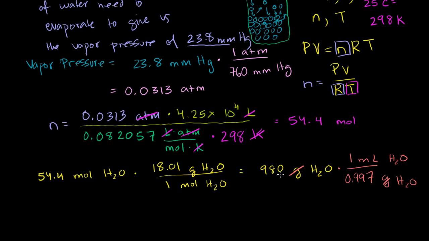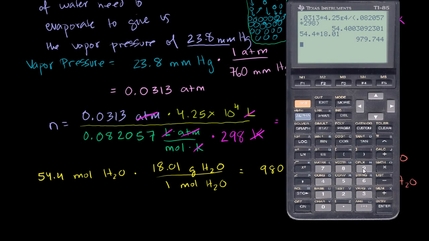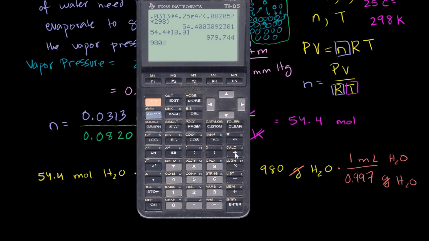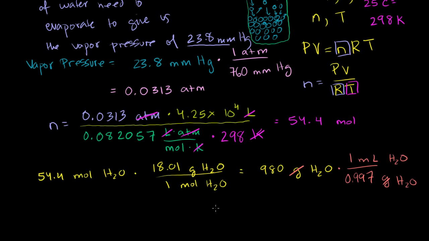So we're essentially just going to divide 980 by 0.997. So what is that? Get the calculator out. So we have 980 divided by 0.997, which we'll round to 983. That and that canceled out. So 983 milliliters of H2O.